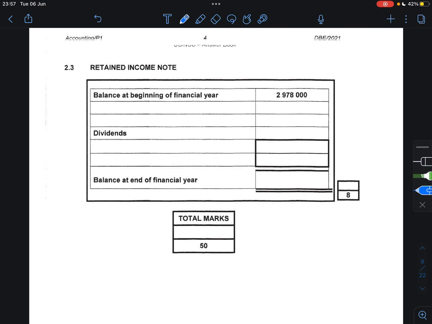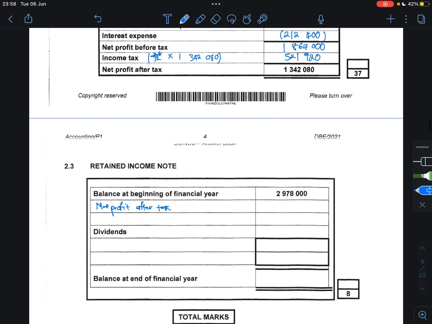So you start filling in your retained income note. You have got your net profit after tax. When you calculate your net profit after tax, you just take it as it is, even if it's incorrect from your statement of comprehensive income. Let's say we were supposed to calculate and we were not given, you would just take this amount as it is, and plug it in here.